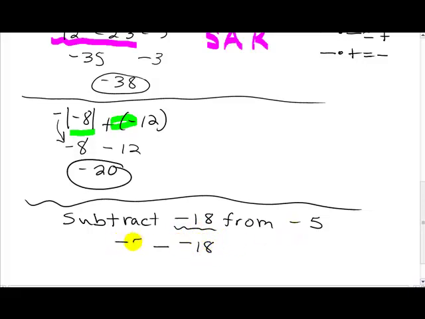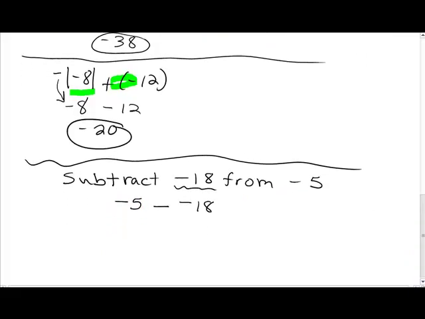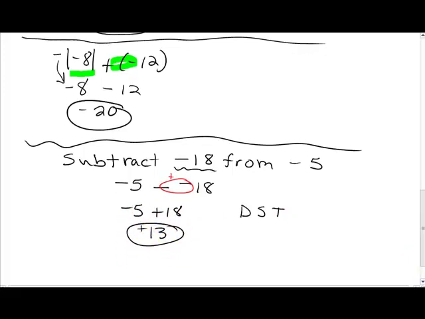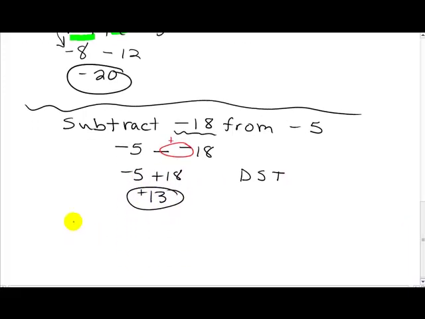The minus 5 will come to the front. I'll take these two, make them positive. So now I've got minus 5 plus 18. Negative, positive, that's different. Subtract, take. 18 minus 5 is 13. The 18 is larger and it's positive. So my answer is going to be a positive 13.